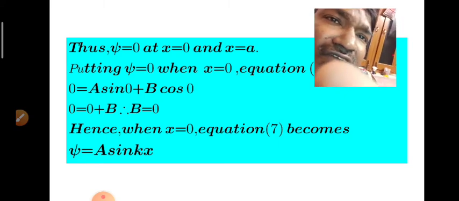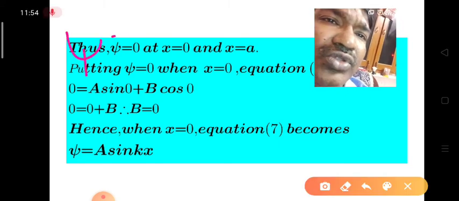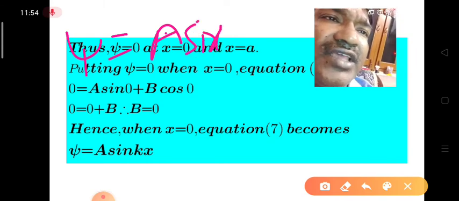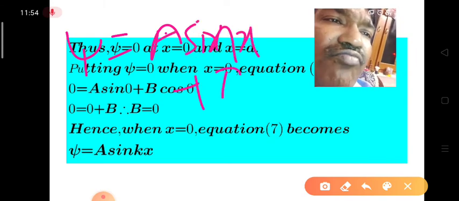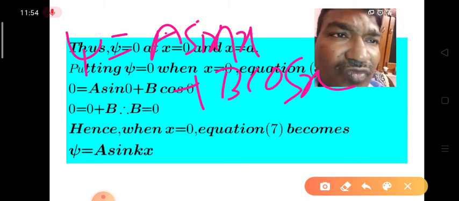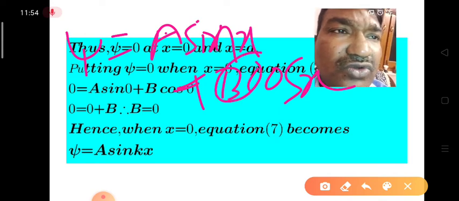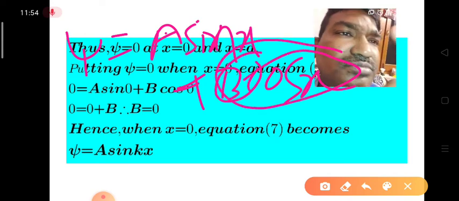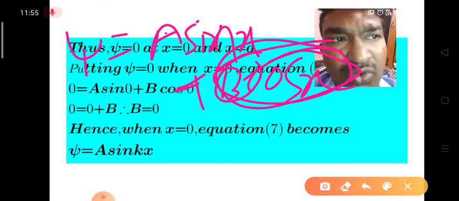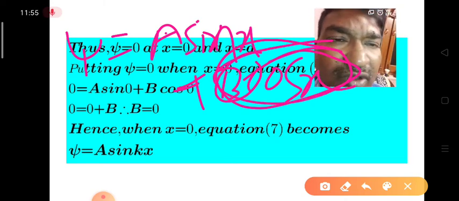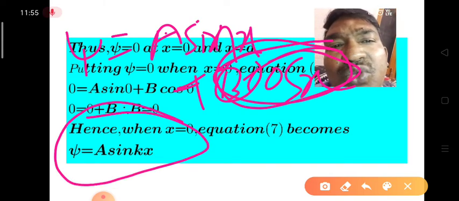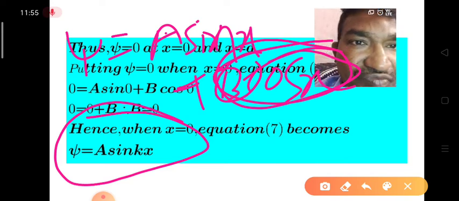What is equation 7? Psi is equal to a sin kx plus b cos kx. As b is equal to 0, the overall term becomes 0, so there is no need to take this second term, that means b into cos kx. So equation 7 reduces to psi is equal to a sin kx.